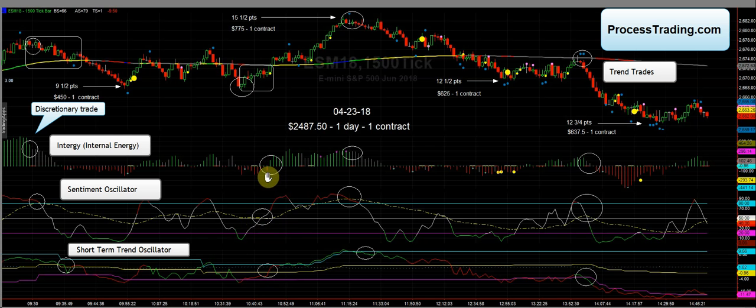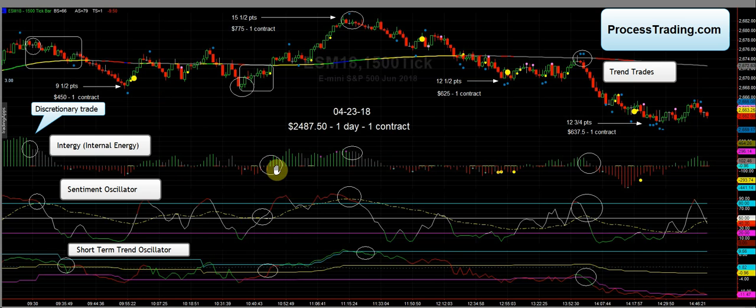You also see that on the internal energy, there wasn't the strength of buying in here that there was over here. But again, that is partially the result of reading all these indicators, what kept us out of this whipsaw type of thing. And now we see that there was some energy to the downside, not strong, and then it turned green again.